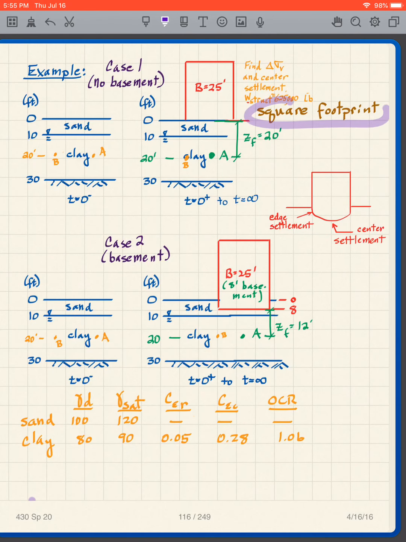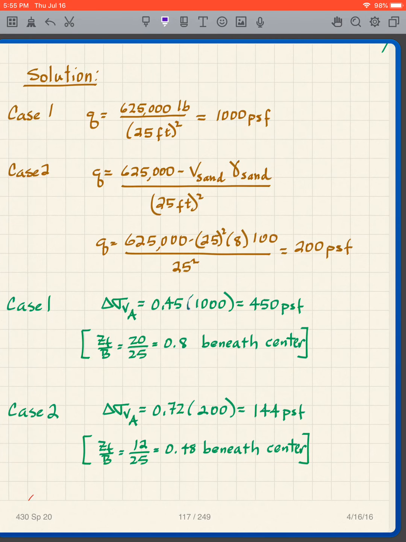It's a square footprint, and the width is 25 feet. So that gives me an area of 625 square feet. So I get a Q of 1,000 PSF. Simply the weight of the structure divided by the area. Very straightforward.